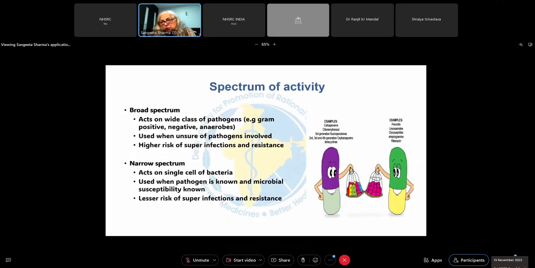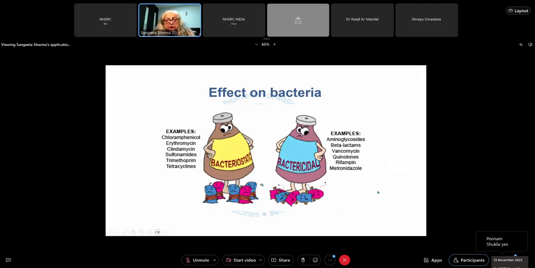Just for my friends who are working at the CHO level or nurses, broad spectrum means they work on a wide class of pathogens. If you look at these baskets, broad spectrum antibiotics work on gram positive, gram negative and anaerobes, whereas monospectrum or narrow spectrum antibiotics act on a single type of bacteria.